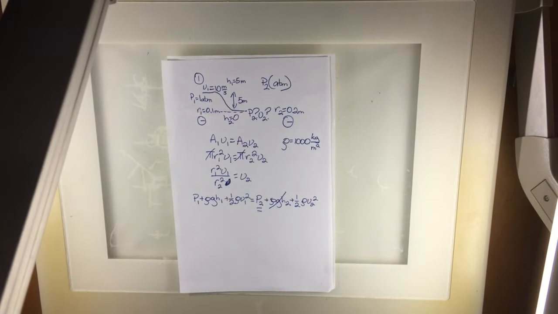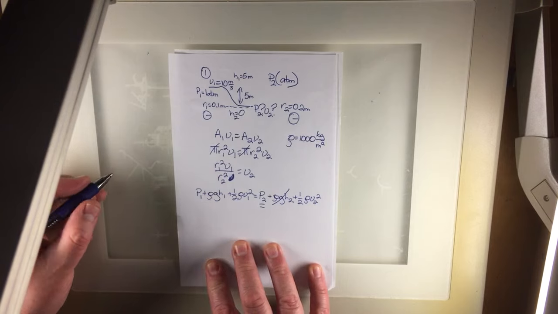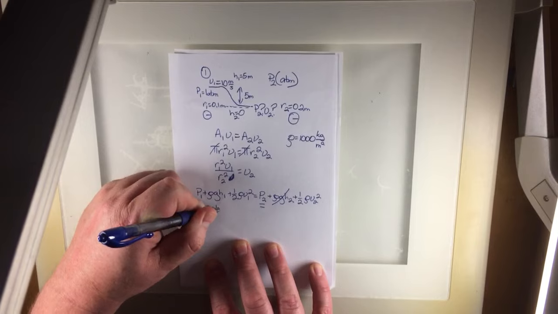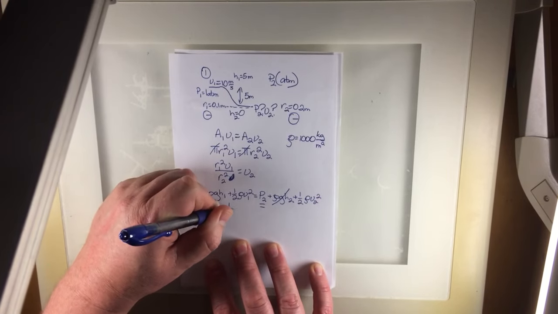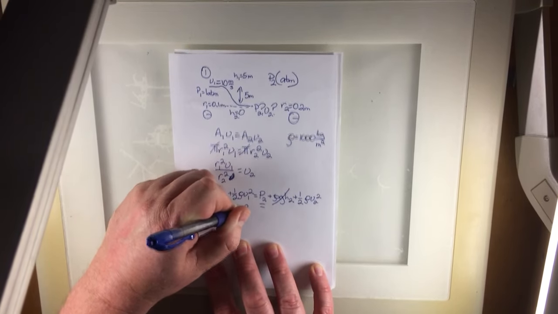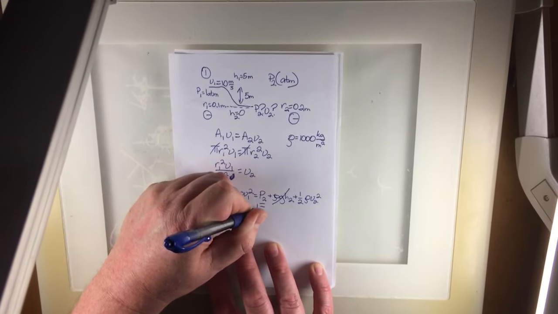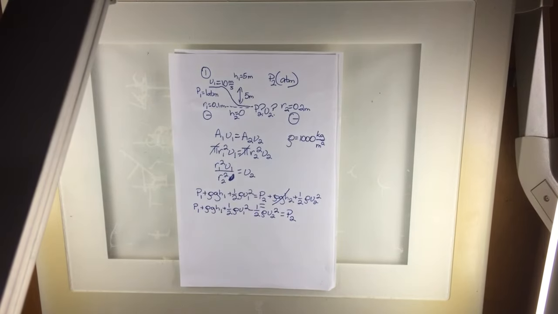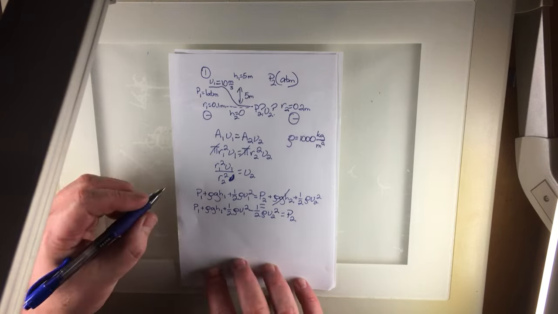So H2 goes away, and I'm left with this. Now the one thing that we need to be careful about is I gave you the initial pressure in atmospheres. I'm looking for the pressure in atmospheres, but these terms here will provide answers in newtons per meter squared. So you have to do the conversion.